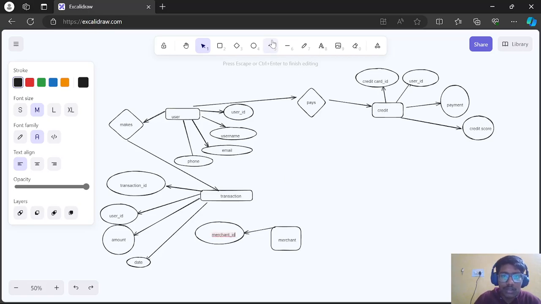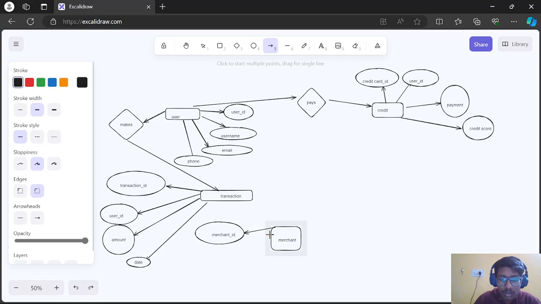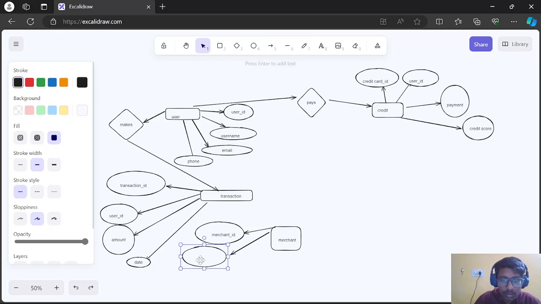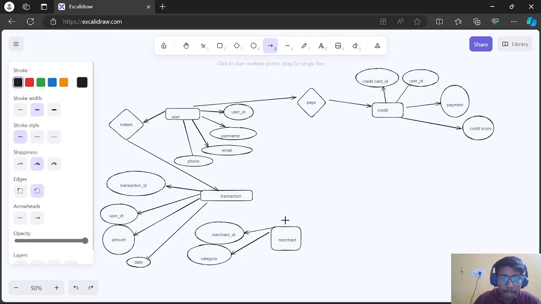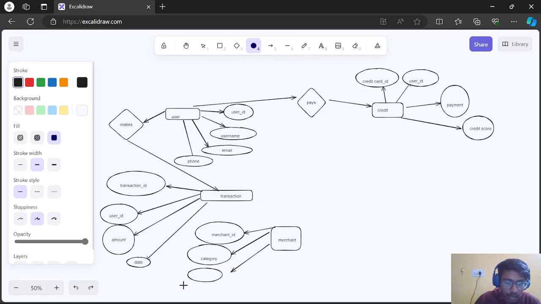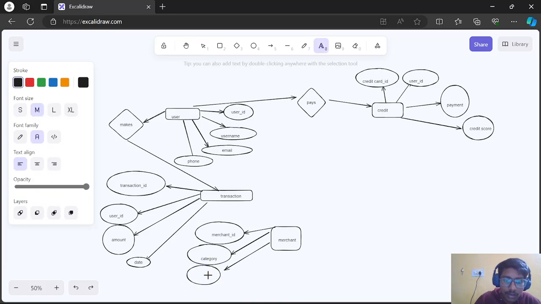The merchant ID, and then the category, and then the address.